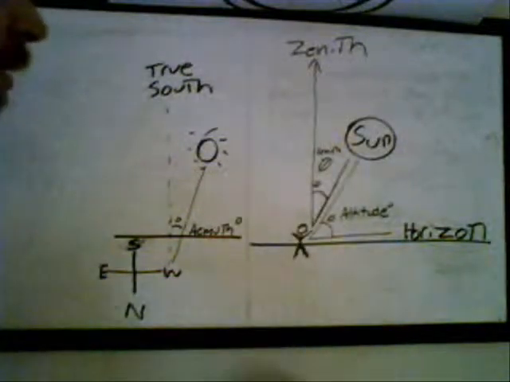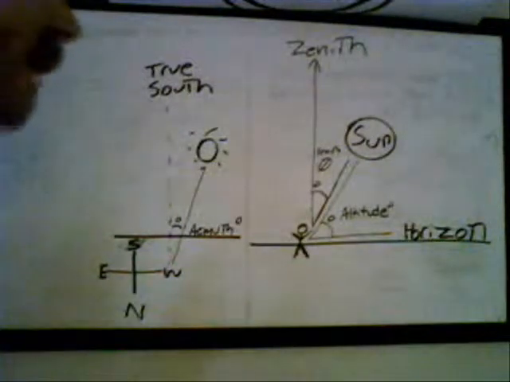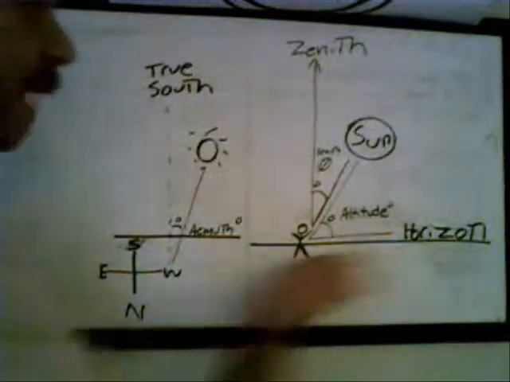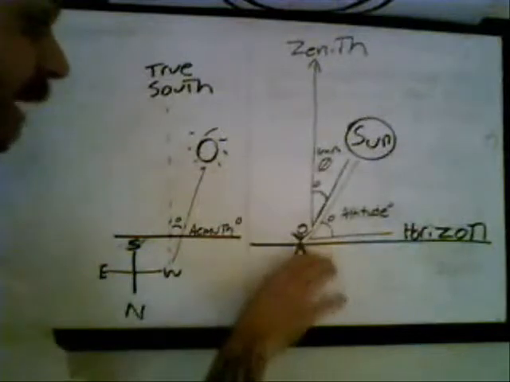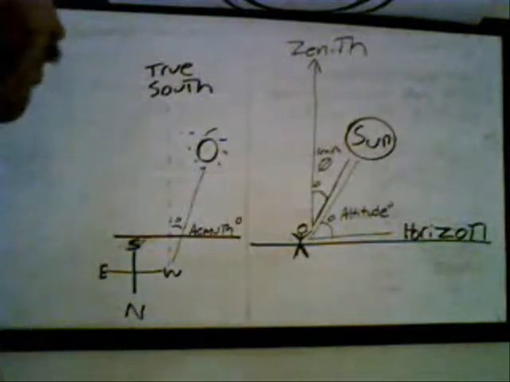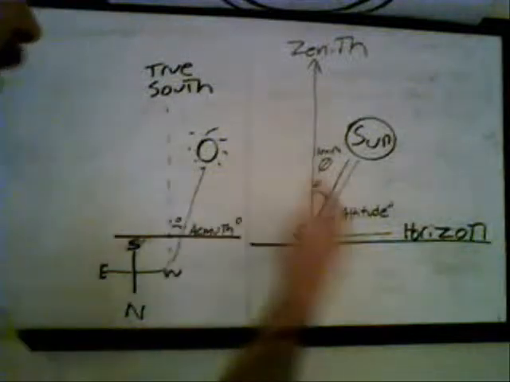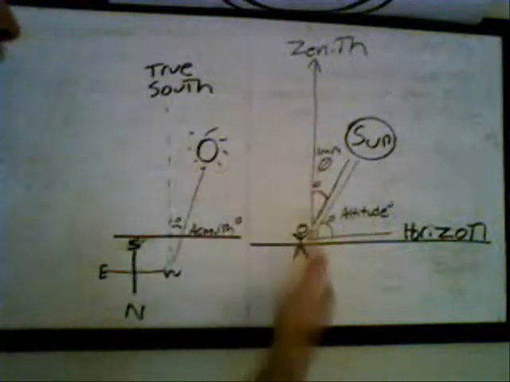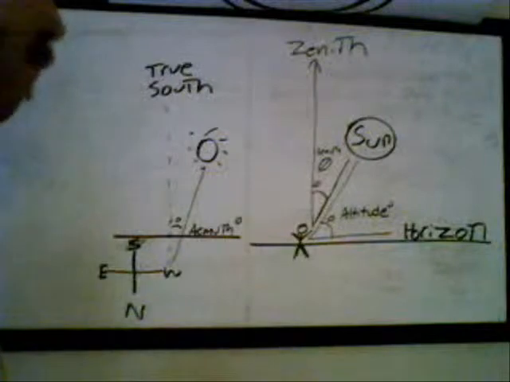The altitude angle is the complementary angle to that. That's the angle from the horizon to the sun, as viewed from the observer standpoint. That's the way we find the sun. We can describe it either in its azimuth and its altitude angle, or its azimuth and its zenith angle.